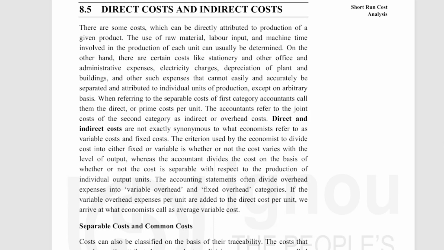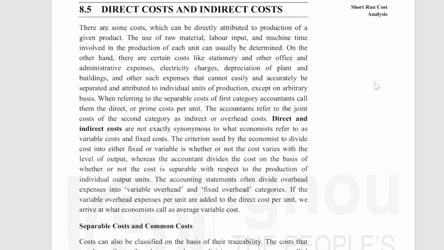In today's session, we will start with Unit 8 subsection 5 of MMPC 010, that is direct cost and indirect cost. There are some costs which can be directly attributed to the production of a given product. The use of raw material, labor input and machine time involved in the production of each unit can usually be determined.